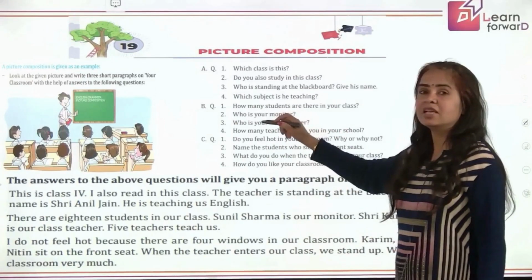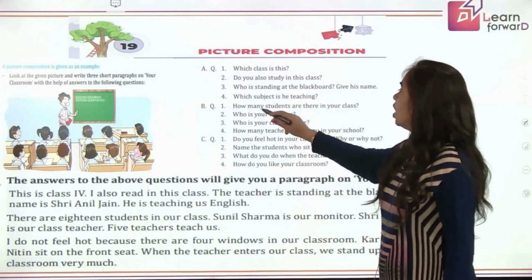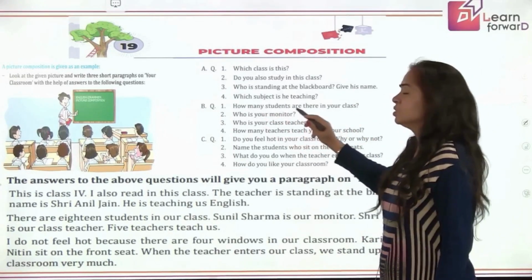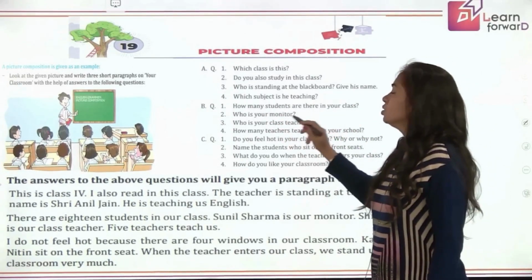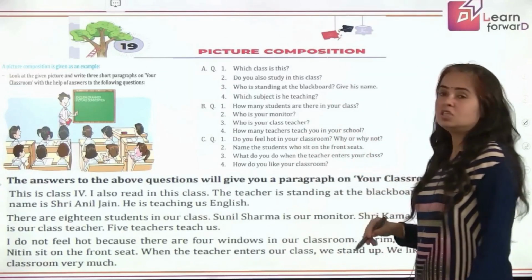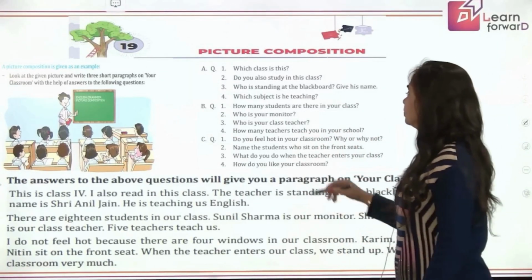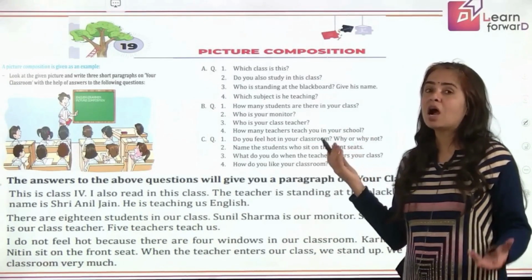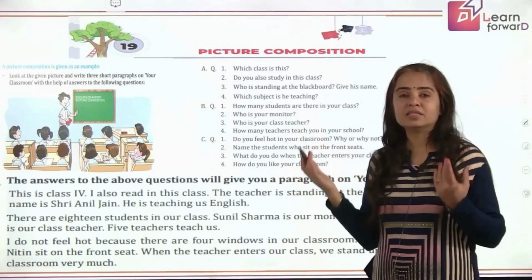Then in the second paragraph, what are you going to write? How many students are there in your class? Who is your monitor? Who is your class teacher? How many teachers teach in your school? Do you feel hot in your classroom? That means how the room is. Is it bright? Is it airy?